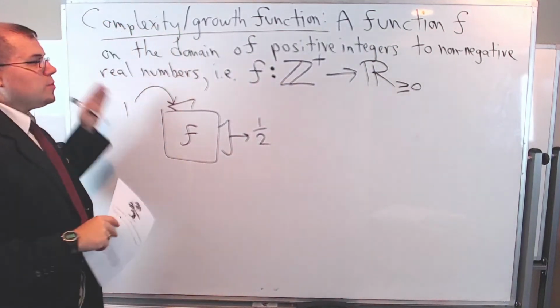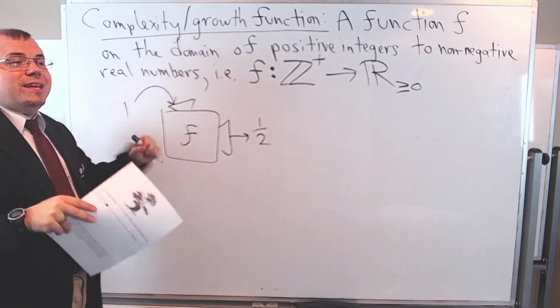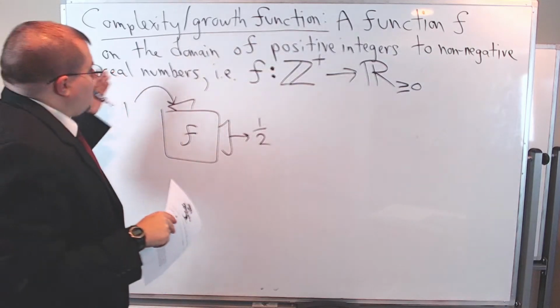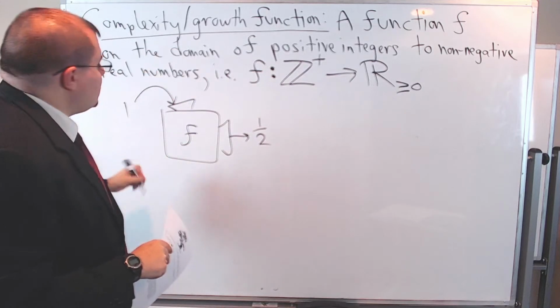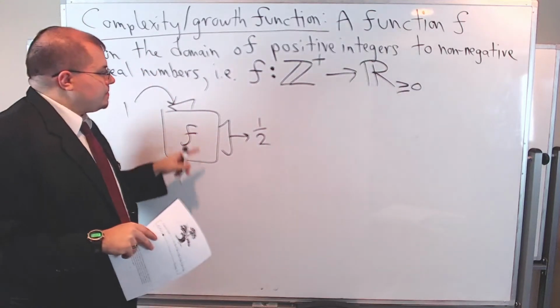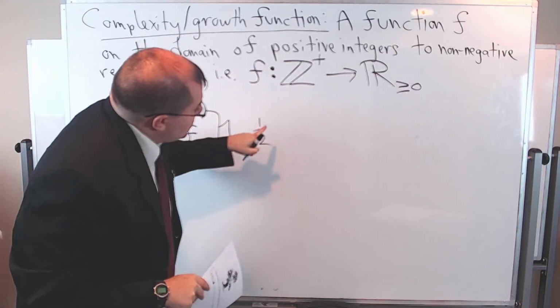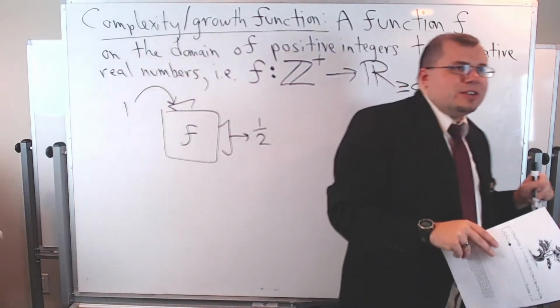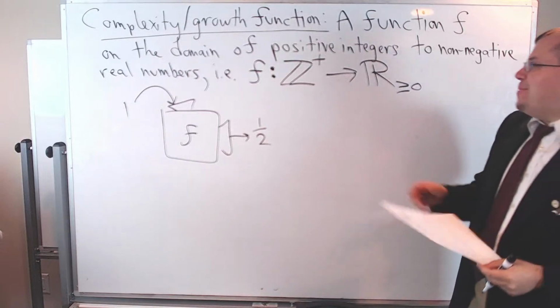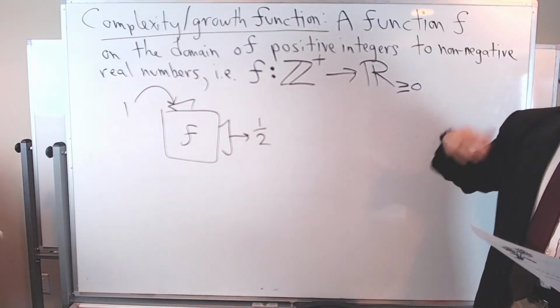So this is what f is. The domain dictates what exactly goes into the machine. And then f of the input, f of n, for example, if n was the input, would be this non-negative real number. Are all non-negative real numbers positive integers? No, they are not. But I'm just keeping this very broad and simple.